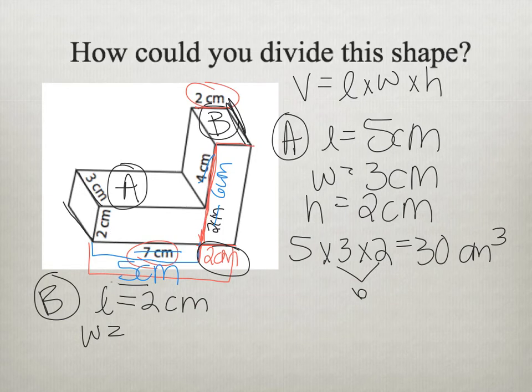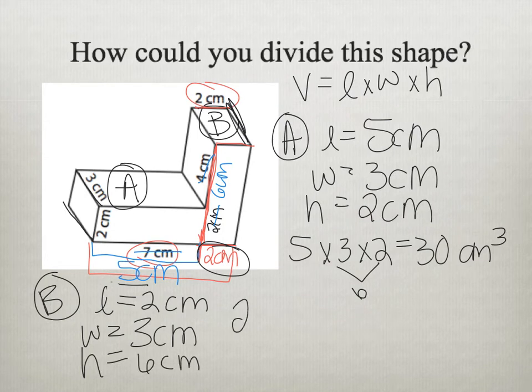They're all the same length. So if the width for shape A was 3 centimeters, I know the same thing is going to be for B. So width is 3 centimeters. And finally, we know that the height of shape B is this whole section right here, and we found out that that was 6 centimeters.